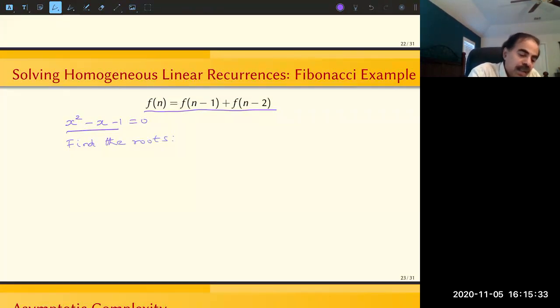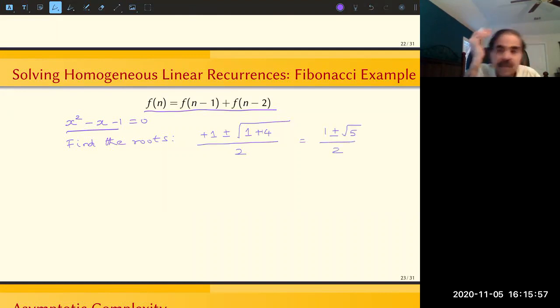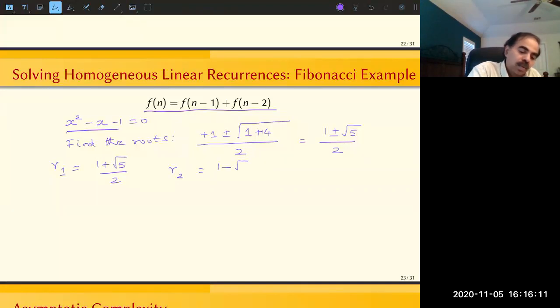That is minus b, which is plus 1, plus or minus the square root of b squared, which is 1, minus 4ac, which will be plus 4, divided by 2a, which is 2. So this is 1 plus or minus square root 5, divided by 2. So we have root 1, which is 1 plus square root 5 by 2, and root 2, which is 1 minus square root 5 by 2.